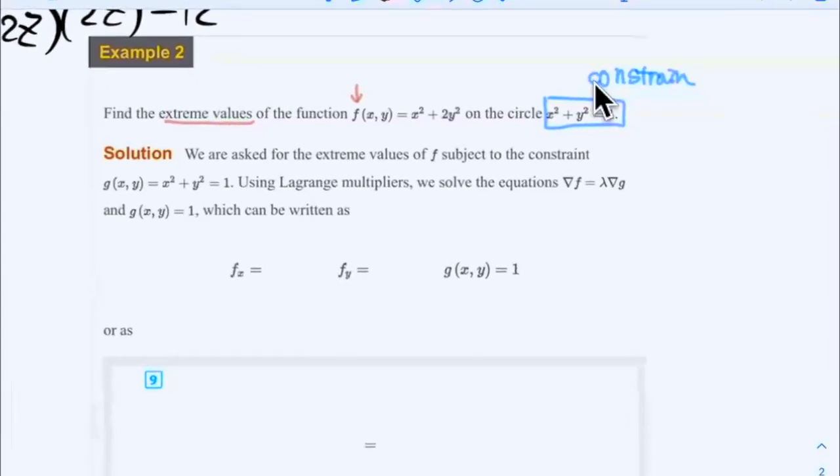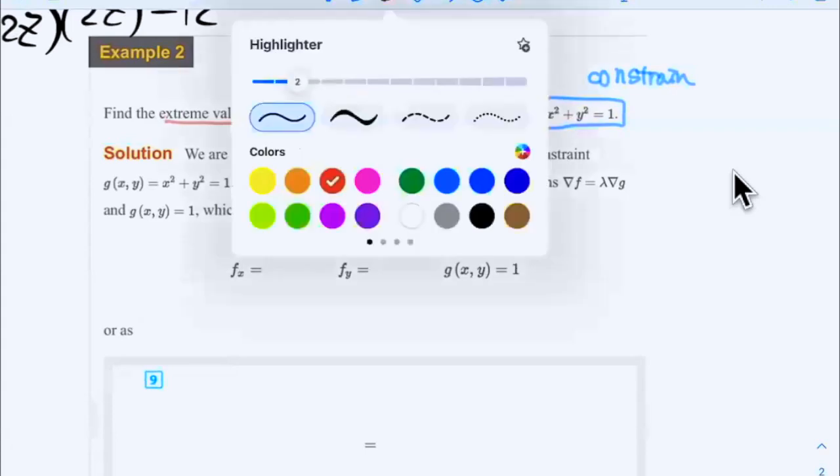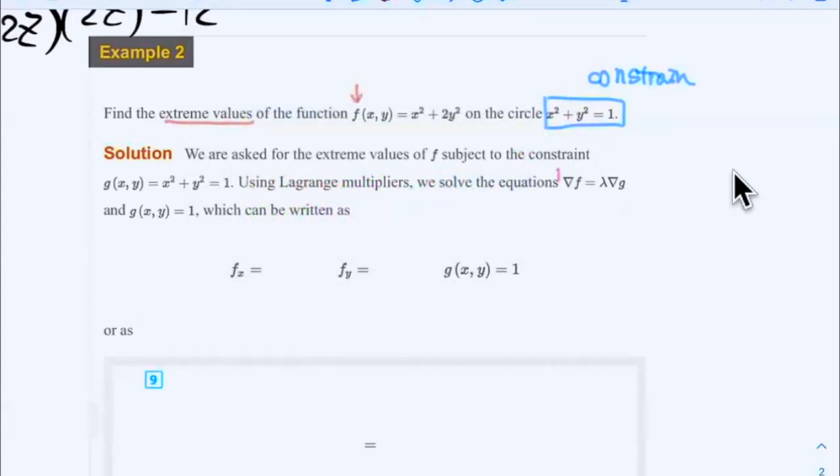So in this section, we're going to use the Lagrange multiplier. And basically, we will come up with those equations. The gradient of f equal to lambda times the gradient of g, and then together with this constraint over here.